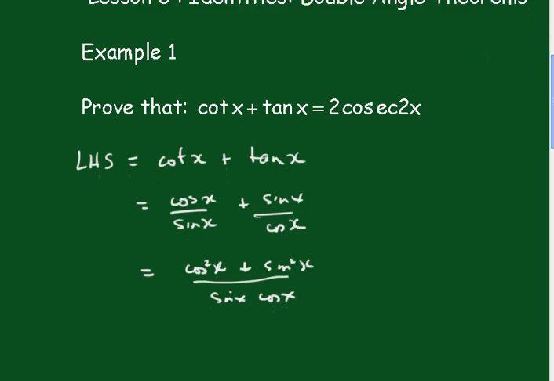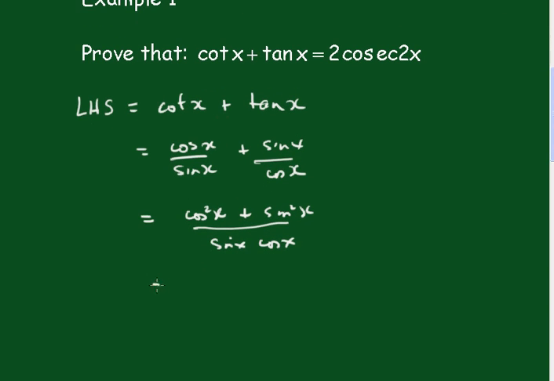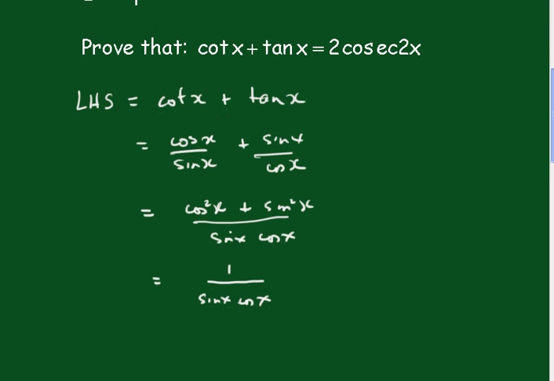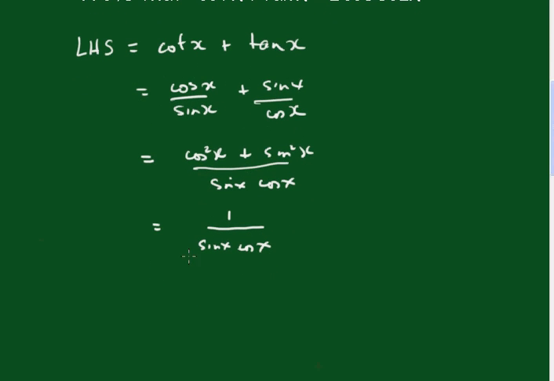Now we know the Pythagorean result, cos squared x plus sin squared x equals 1, so it becomes 1 over sin x cos x. Now to get the double angle result, what we need to do is to make that a 2 there. So we multiply top and bottom by 2.